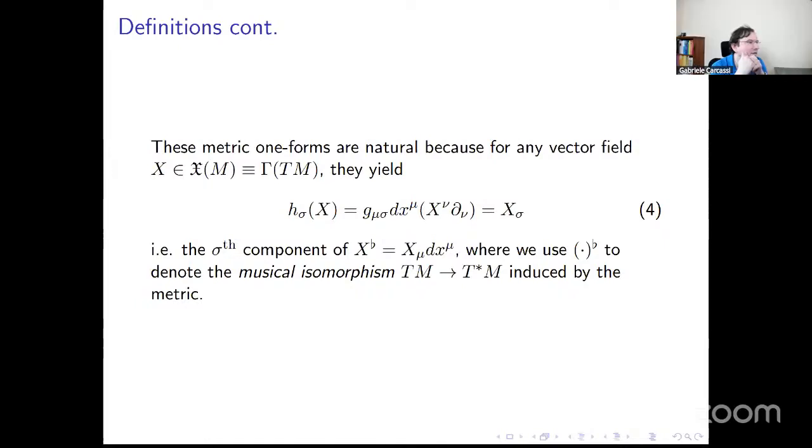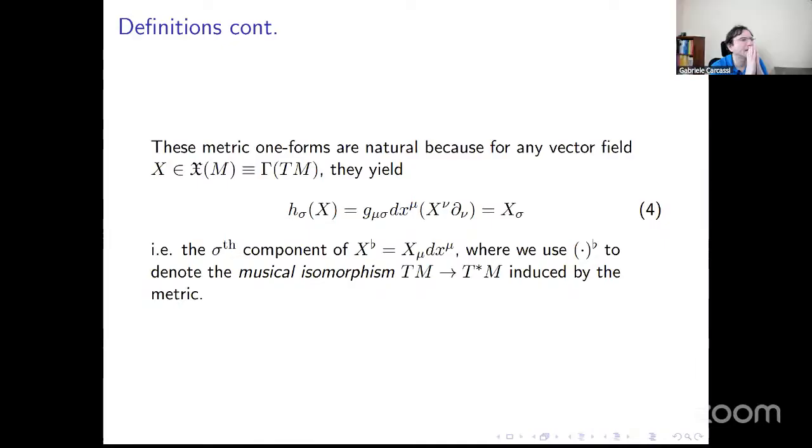You start with the vector field X, and you lower the vector field down to the cotangent bundle using the metric, where once again I'm using the index-free notation with the flat symbol.